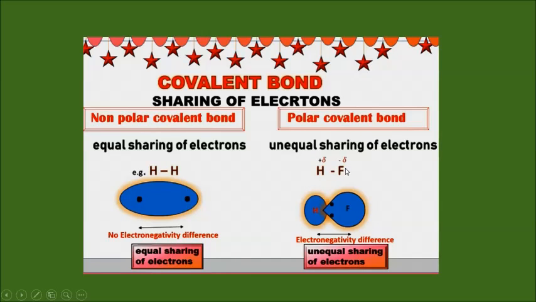The negative charge is more in the case of fluorine. That's why, in hydrogen fluoride, the electron will move towards the fluorine, which has more electronegativity. That is the unequal sharing of electrons we see in the case of a polar covalent bond. So this is how we can explain the two types of covalent bonds by the sharing of electrons.